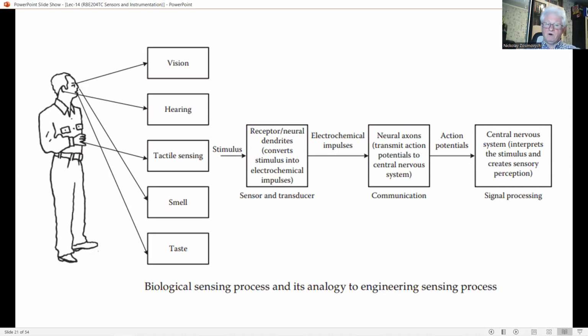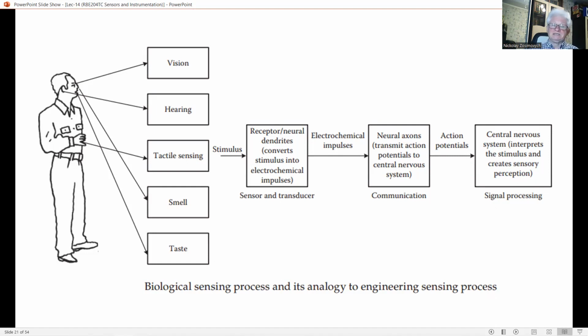The axons of the neurons then conduct the corresponding action potentials into the central nervous system, the brain. These potentials are then interpreted by the brain to create the corresponding sensory perception.